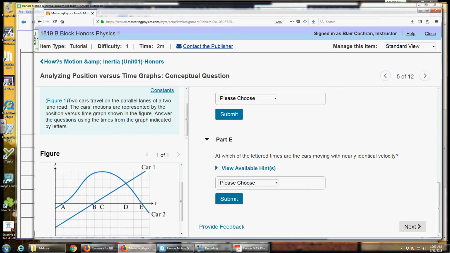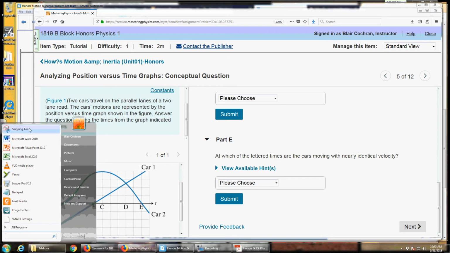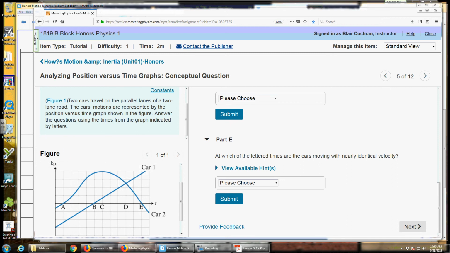Could do a screenshot, but yeah, I think I'll do a screenshot and put it in there. That helps me with part E. So hopefully this doesn't cause my computer to crash. It's been known to.